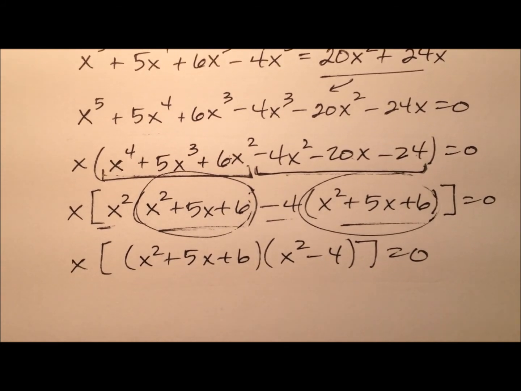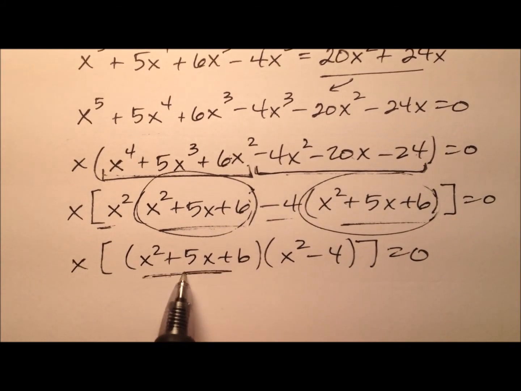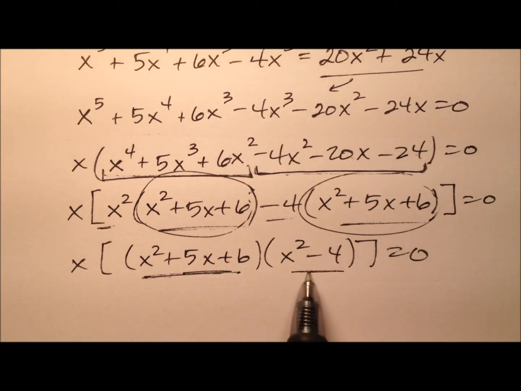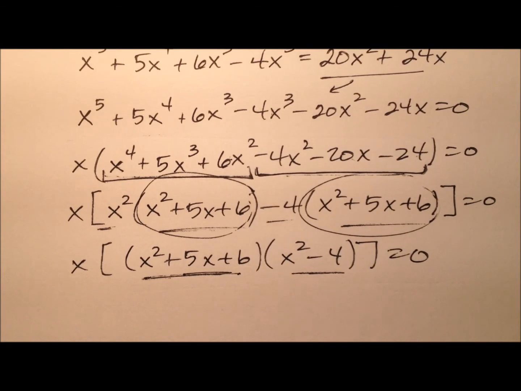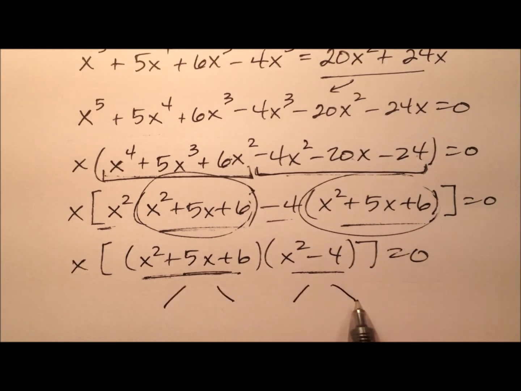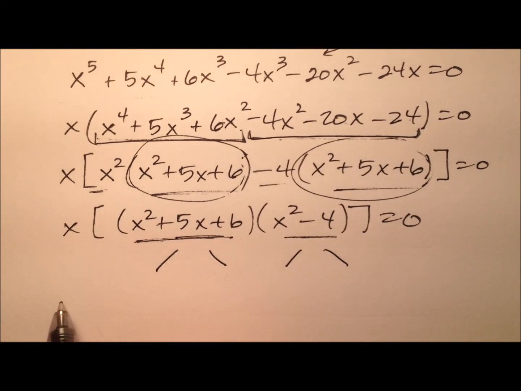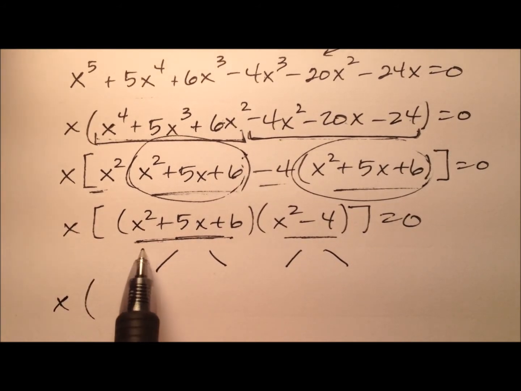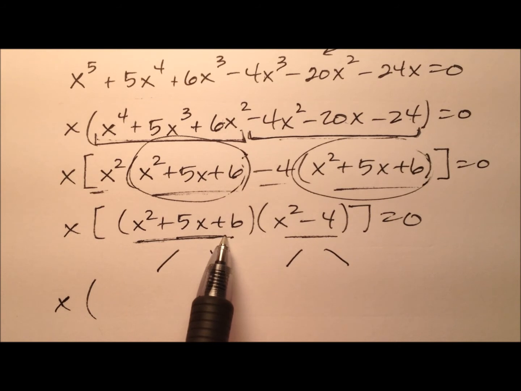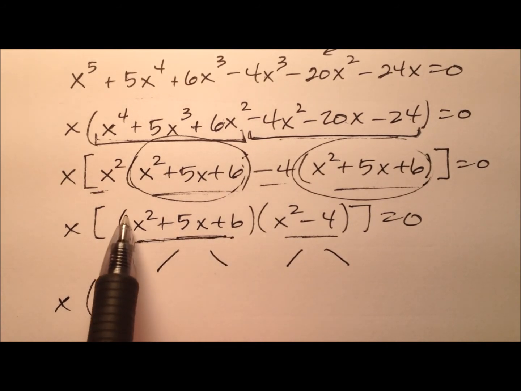Okay, so taking a look at this, this can factor down more because this is a really nice quadratic trinomial, and this can factor down more because that's a difference of squares. So we're actually going to have a lot of factors in this problem. So I'll leave the x out front, and here we go on this one. So if it's a quadratic trinomial, we notice the leading coefficient is 1.